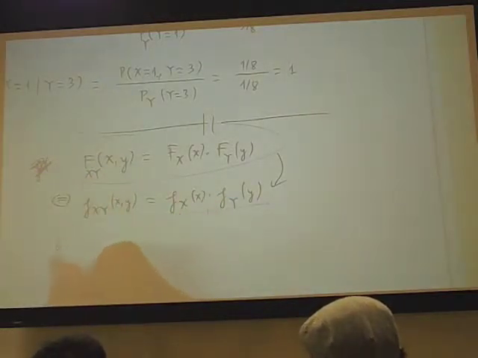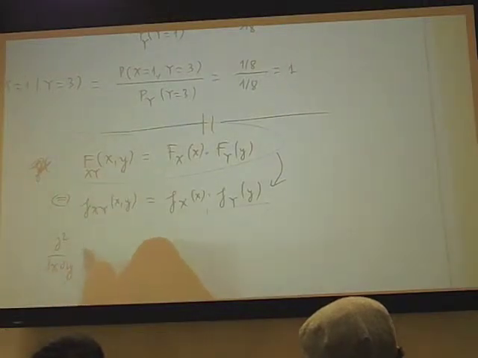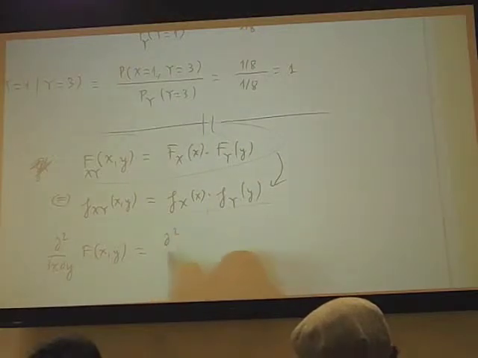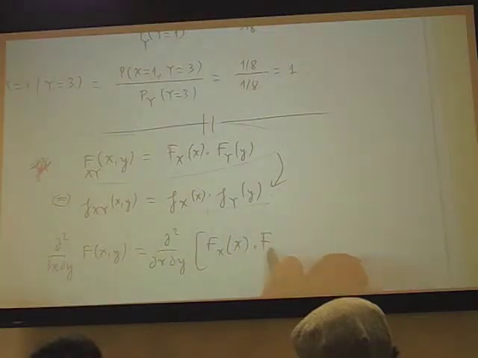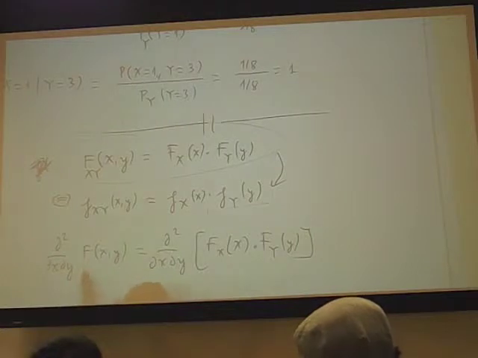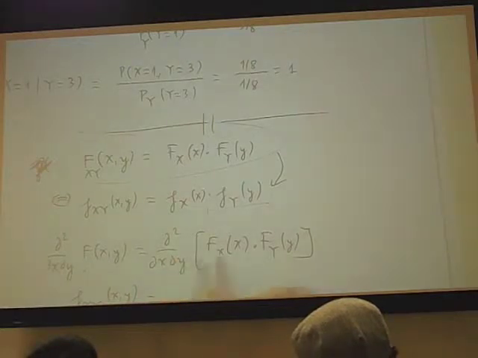So if I take the derivative right here with respect to x and y, this thing right here is the same thing, right? And now, what is this guy? By definition, little f of xy, correct? And now, what is this thing?